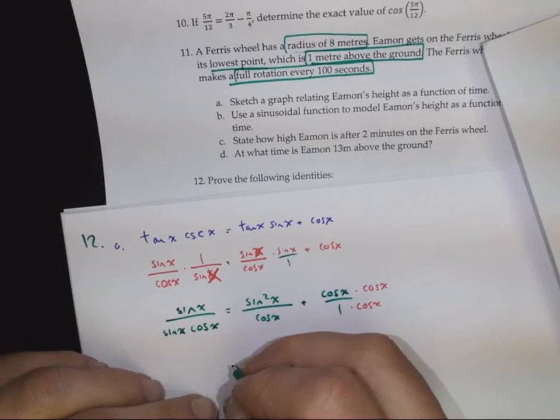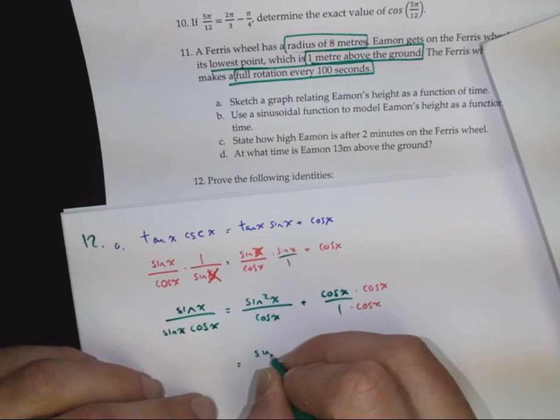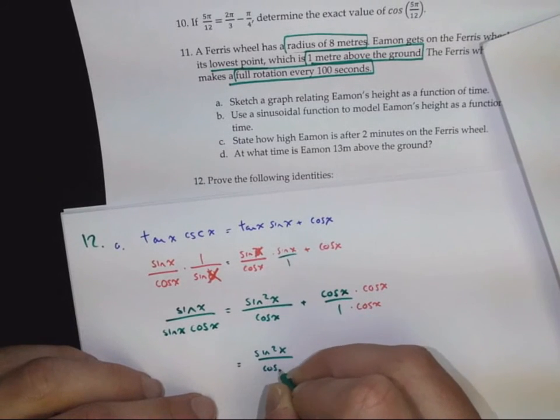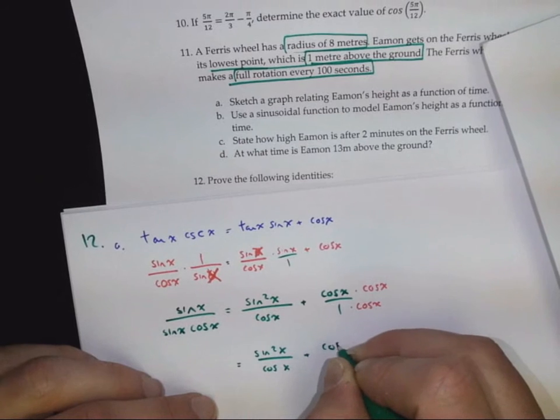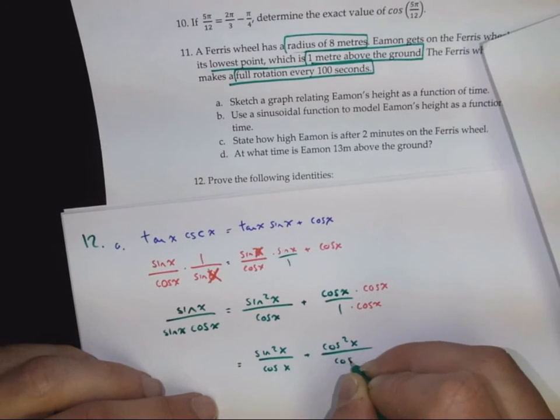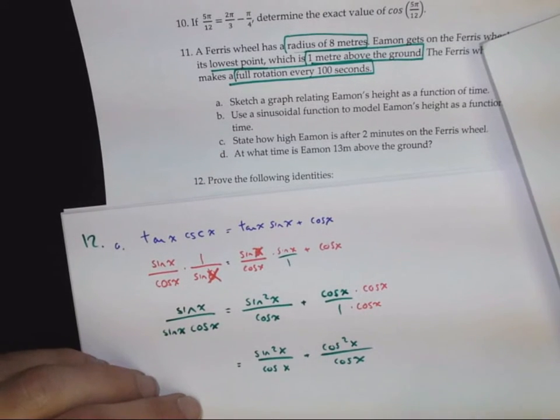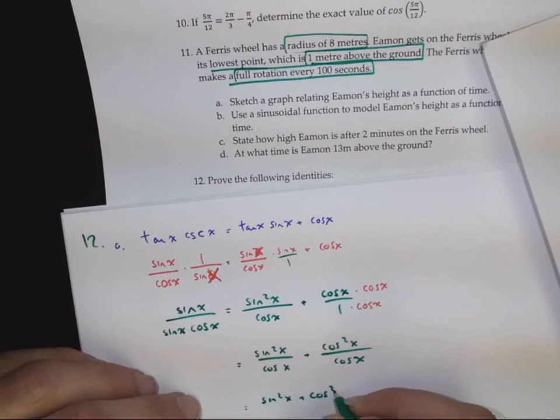Okay. All right. So that means we get sine squared x over cosine x plus cosine squared x over cosine x. We add these together, and we get sine squared x plus cosine squared x over cosine x.